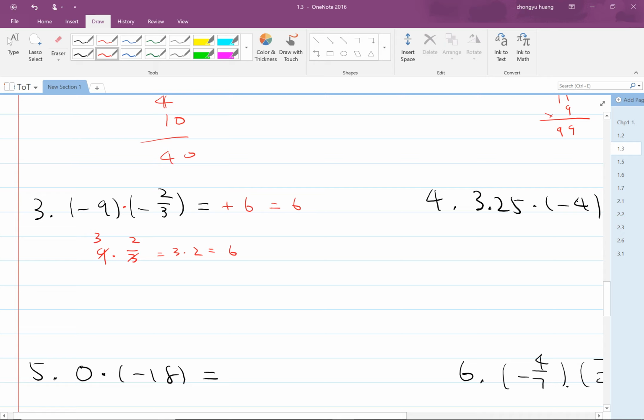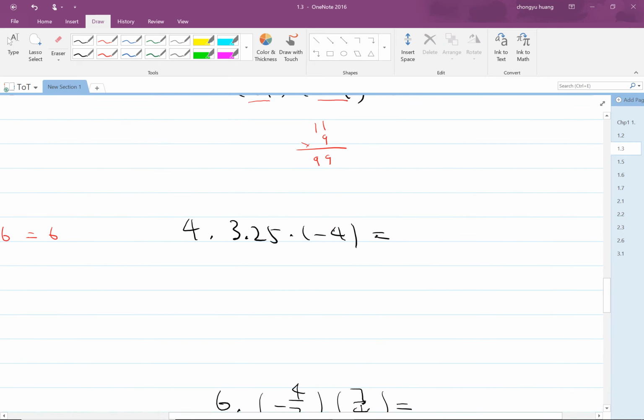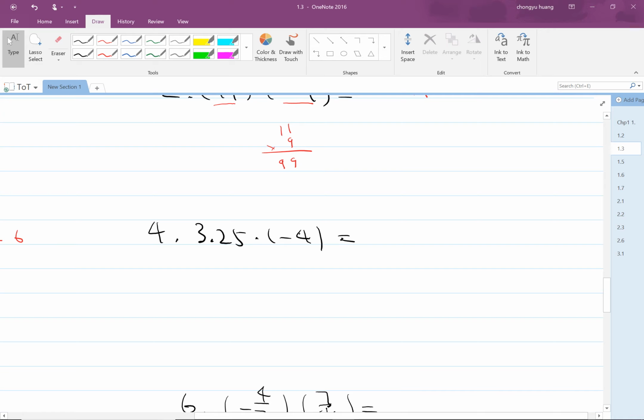Okay, and then on question 4, you can see this has a decimal. 3.25 is multiplied by negative 4. Right away you know the answer is going to be negative, so you write down the negative sign and then do the rest.